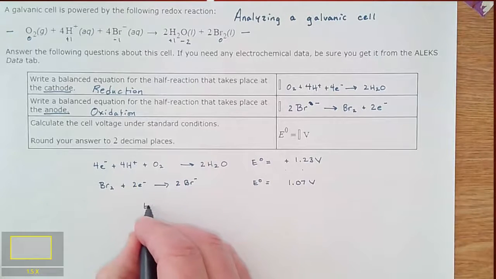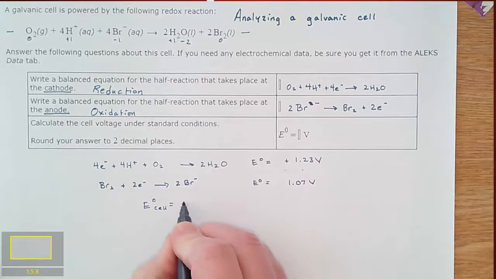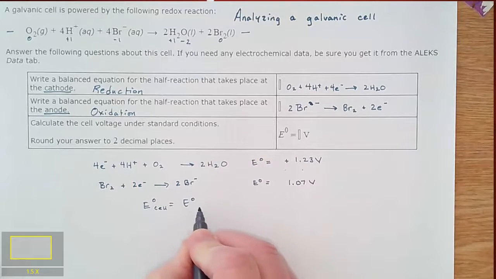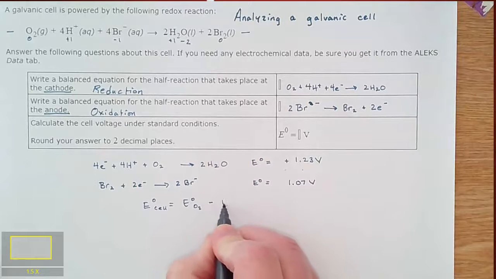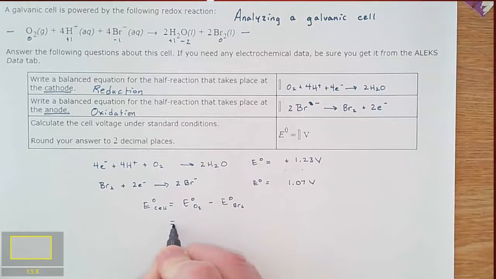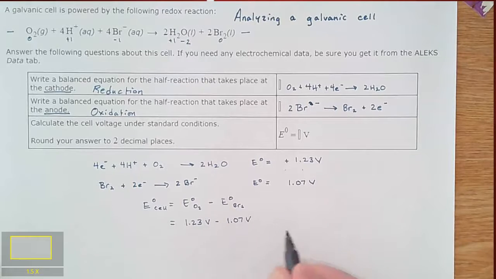So we can calculate E0 for our cell then, and that's going to be E0 for the oxygen minus E0 for the Br2. We'll have 1.23 volts minus 1.07 volts, and that gives us 0.16 volts, if I did my math correctly.